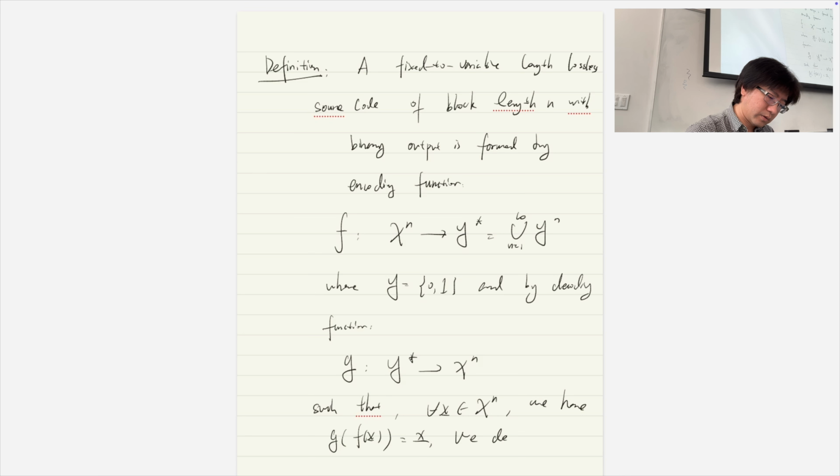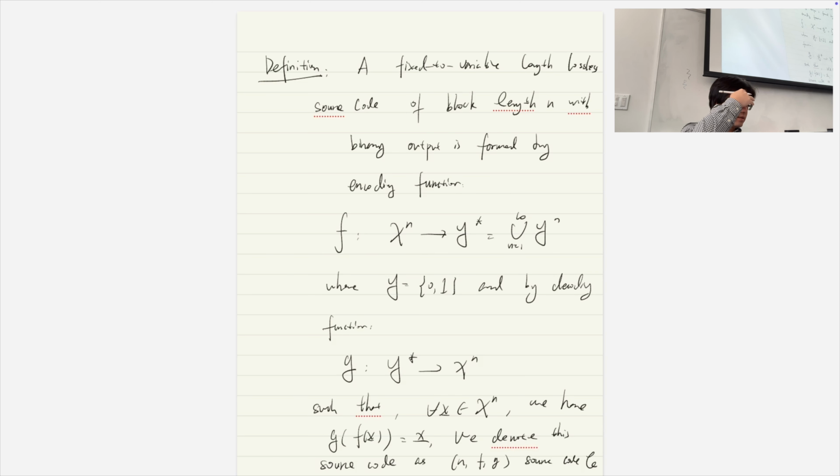We denote this source code as (f, g), source code calligraphic C. That's the definition of a fixed to variable length lossless source code.